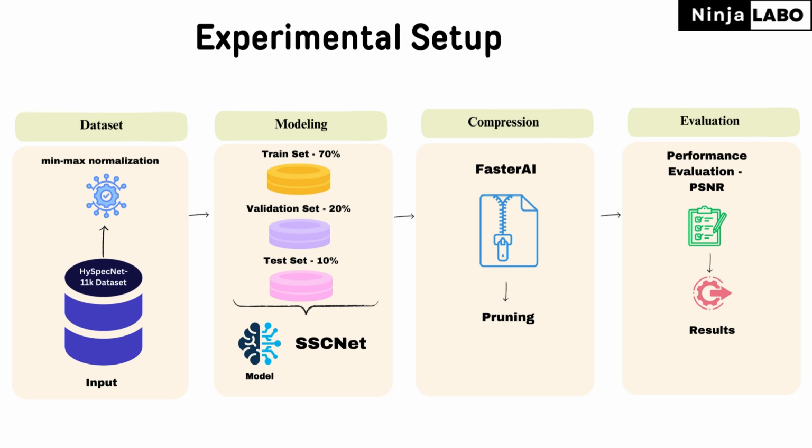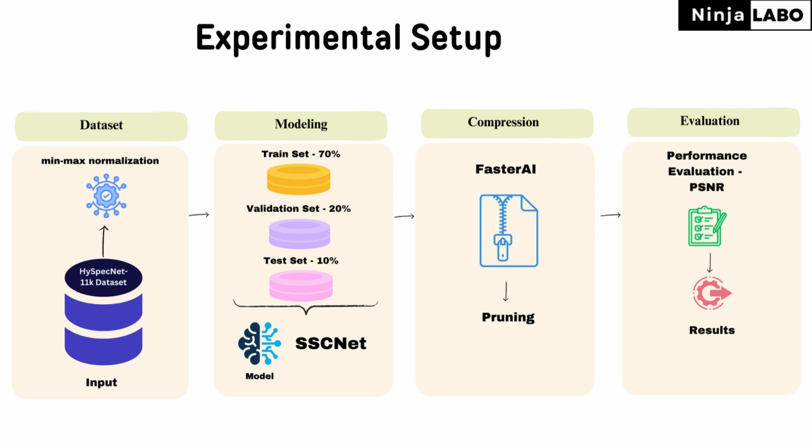Experimental setup. This time, we applied model compression for hyperspectral imaging, HSI. The process consists of four stages: one, dataset; two, model; three, compression; four, evaluation. For the HSI dataset, we use the HySpecNet-11k dataset.